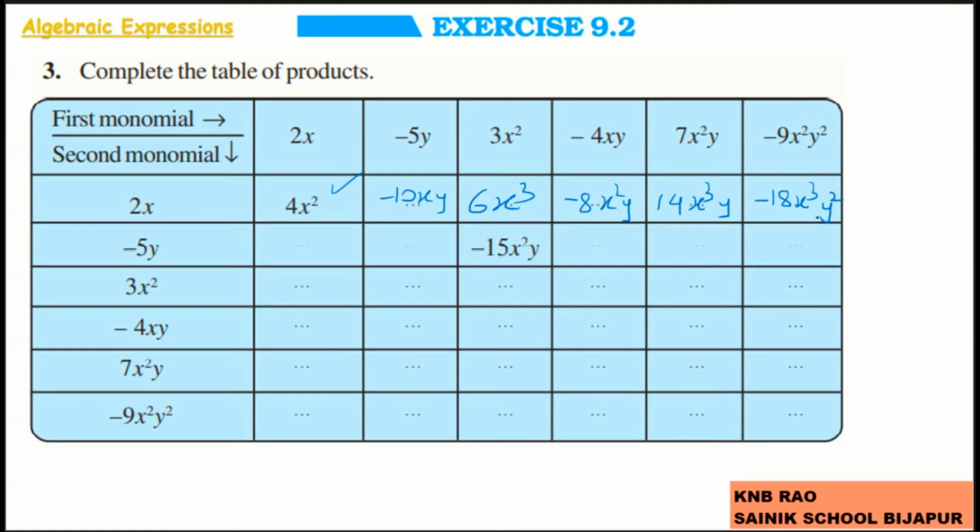This is how the whole row is to be filled, with the respective row header and column header, by multiplying them.